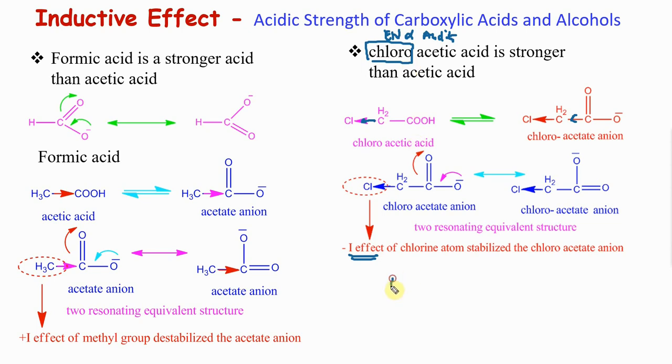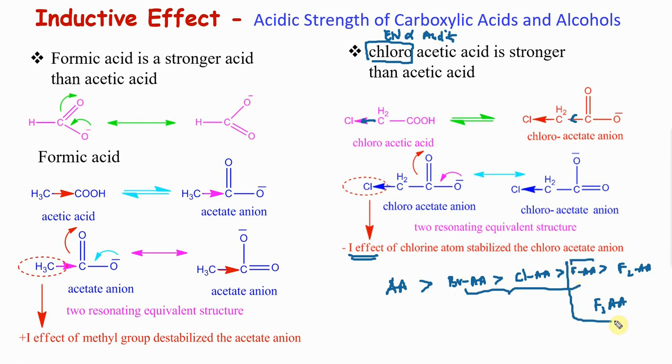For example, take acetic acid; bromoacetic acid is stronger than that, chloroacetic acid is stronger than that, fluoroacetic acid is stronger than that, difluoroacetic acid is stronger, and then trifluoroacetic acid. So here I am telling you the electronegative atom is helping, here the order of electronegative atoms, and here the number of electronegative atoms.